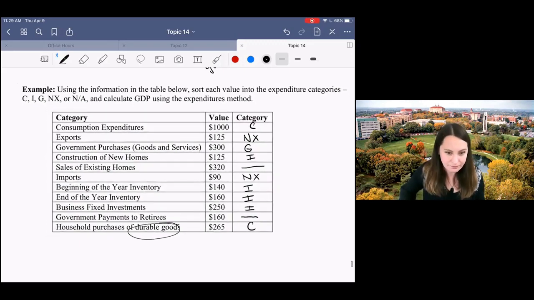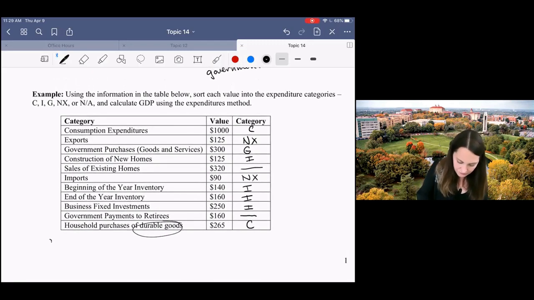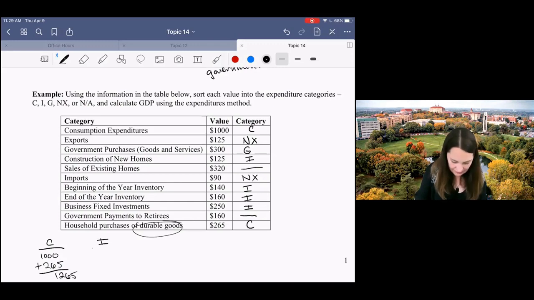All right, so the last step here is to add everything up. We've got C, all right, we've got I, that's 250.